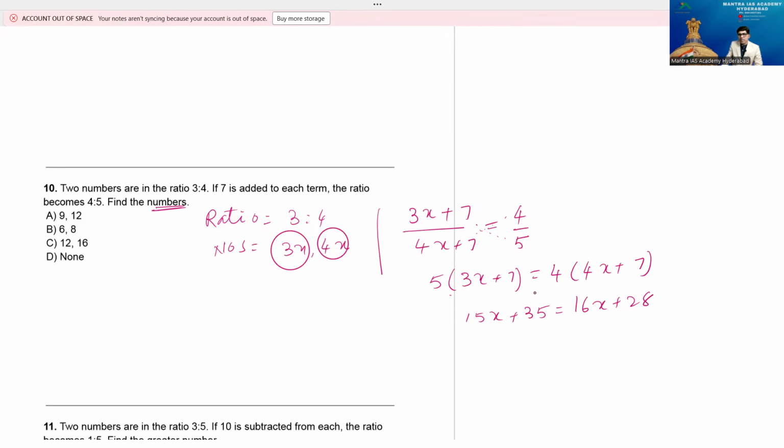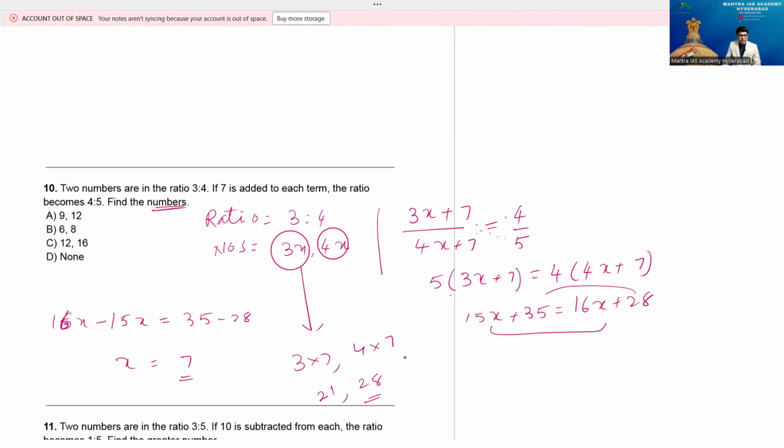Now x goes to the right side, 28 comes to the other side. Therefore, 16x minus 15x is equal to 35 minus 28. So x is equal to 7. Therefore the numbers are 3 into 7, comma 4 into 7, which is 21 and 28. So we found the numbers.